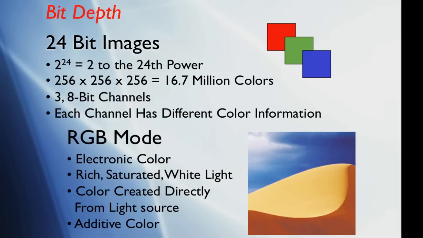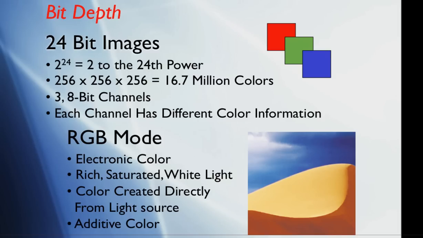Electronic color is really rich and saturated. It's because the light source directly lights up the pixels, or the picture elements, that create the images on our screens and even TVs to a large extent.